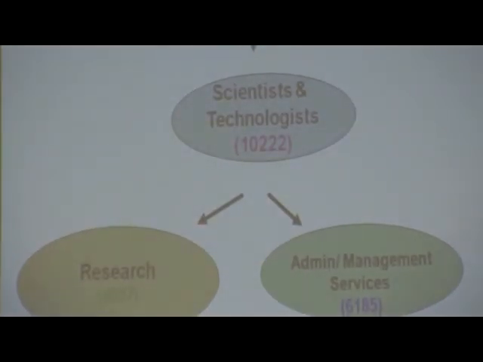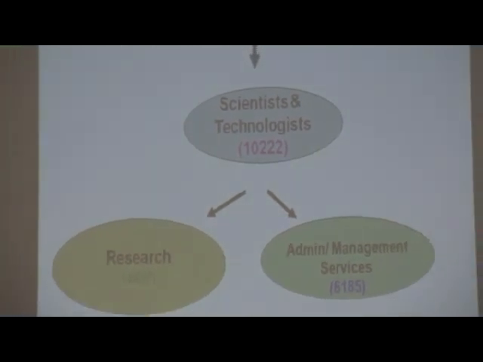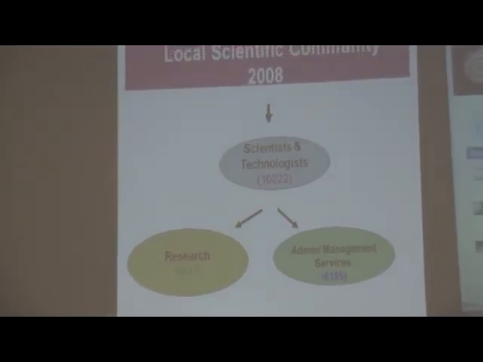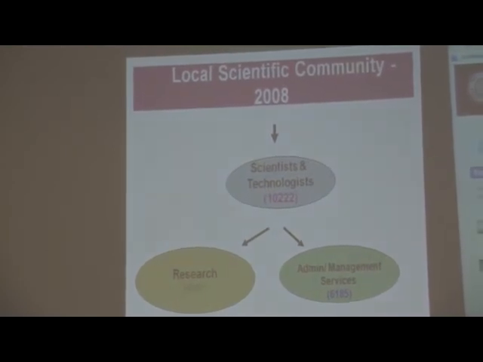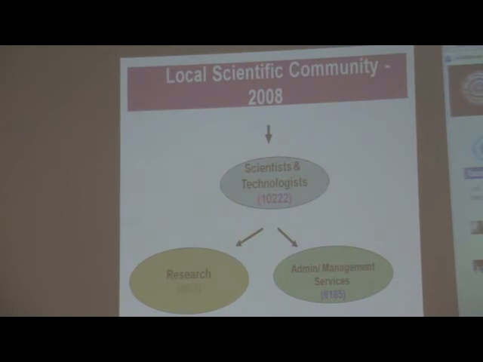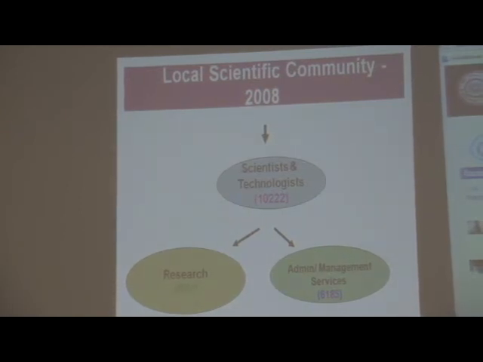Local scientific community, this is based on the National Research and Development Survey conducted by the Science Policy Research Bureau, the National Science Foundation. According to this survey, there are about 10,222 scientists and technologists. And out of that lot, only 4,037 are involved in research and the other 6,185 in administration, management, services towards the development of science.